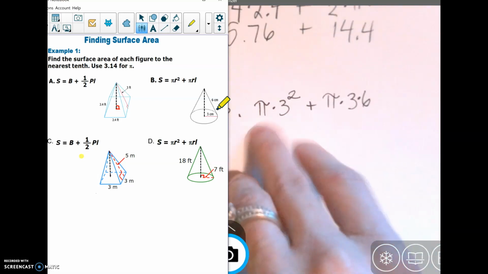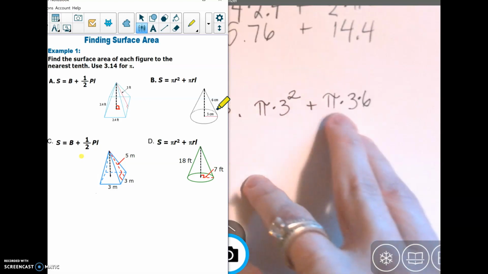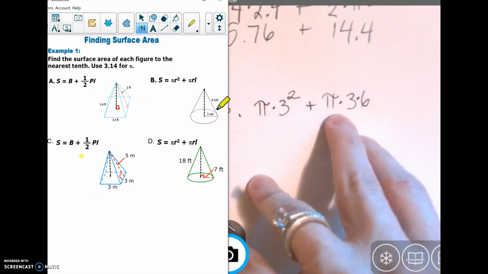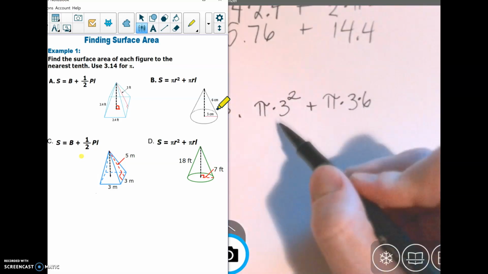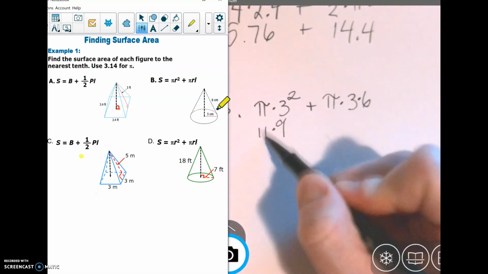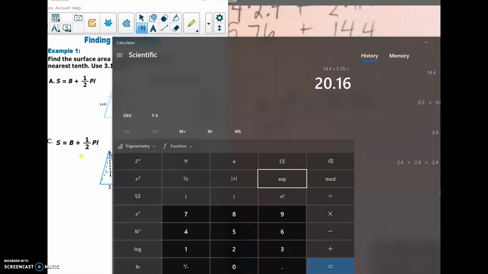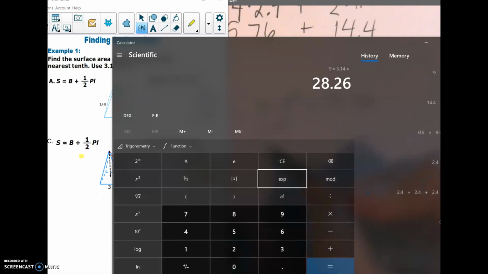Okay, so order of operations, I'm going to multiply. Well, actually I need to square this first. Then I will multiply, and then at the end add. Okay, 3 squared is 9. So 9 times 3.14, that first part, I get 28.26.